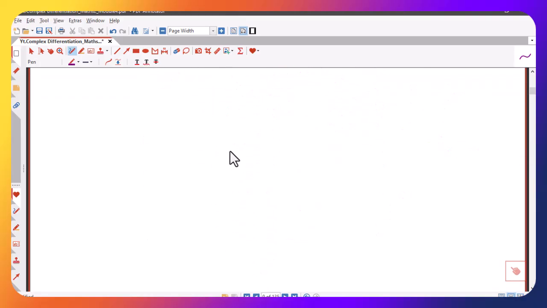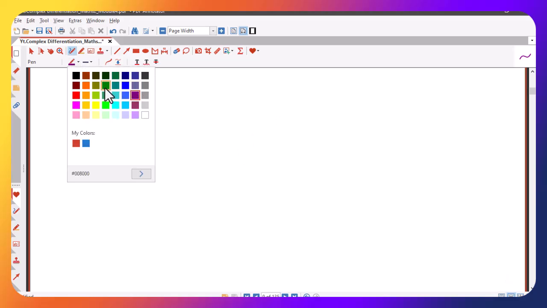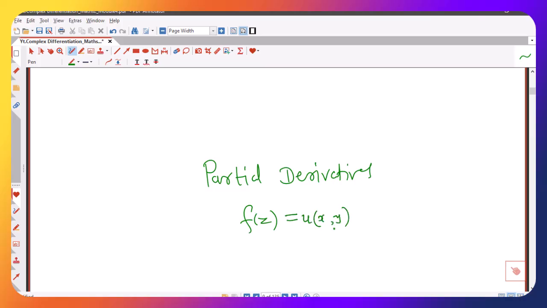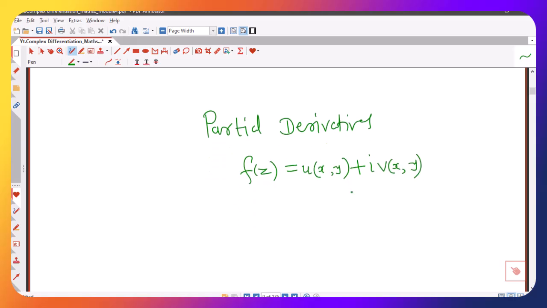Now to check the differentiability of complex function, we will require knowledge of partial derivatives. We have seen that real and imaginary parts of a given complex function are functions of two variables, x and y. u is a function of x and y, v is a function of x and y.